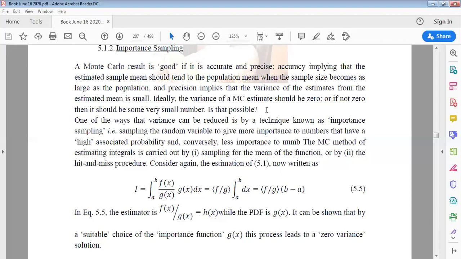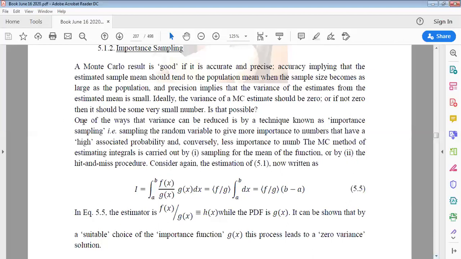And if anybody asks what's the variance, what's the standard deviation, I'll say there's no standard deviation. They'll say that means you've got a deterministic answer. And I'll say, yes, I carried out a Monte Carlo simulation and I got an accurate and a precise answer. So I got an answer with 0 variance. Is it possible? So let's see if it's possible or not.